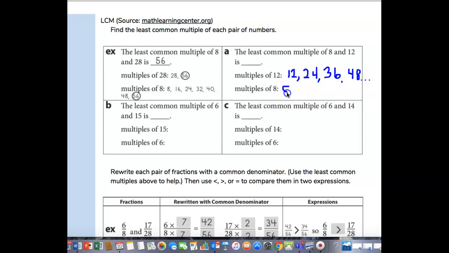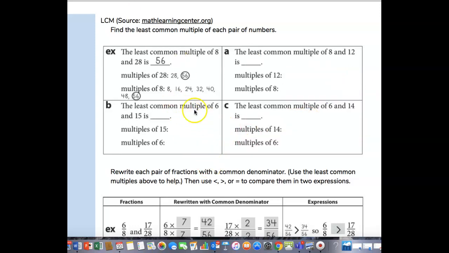So now 8 times 1 is 8. 8 plus 8 is 16. 16 plus 8 is 24. 24 plus 8 is 32. Oh, wait, I don't even have to go further, do I? I found a common multiple. And the smallest one that we find is 24. Okay? So I think you can do these last two on your own. You know how to skip count, and you just list them the way I did, and you will be fine.